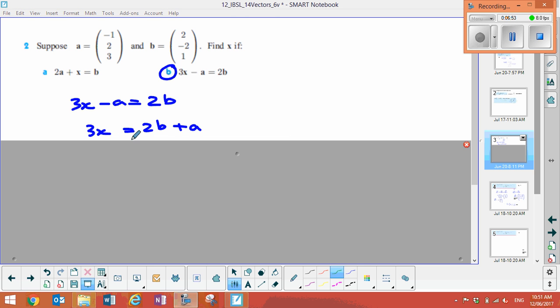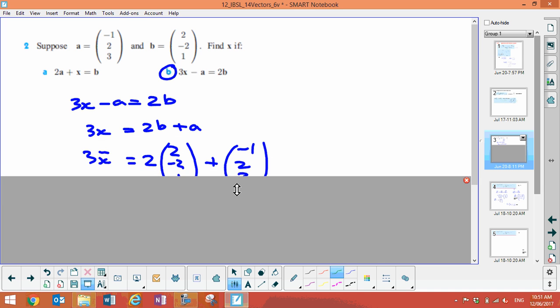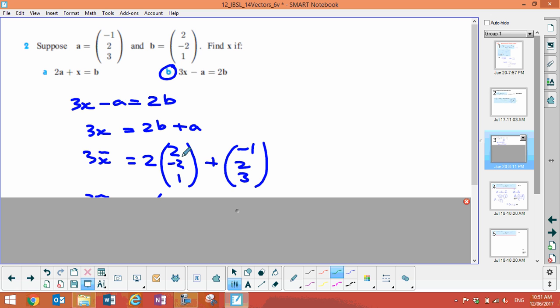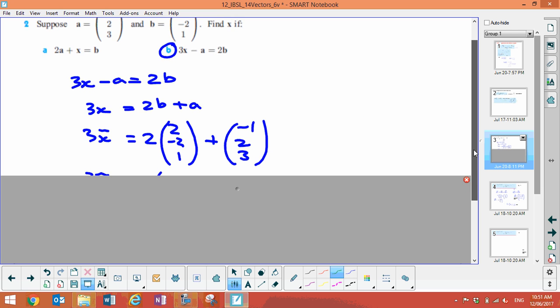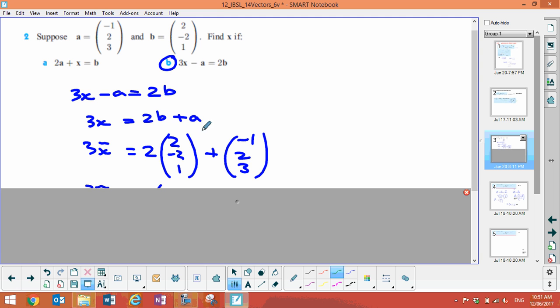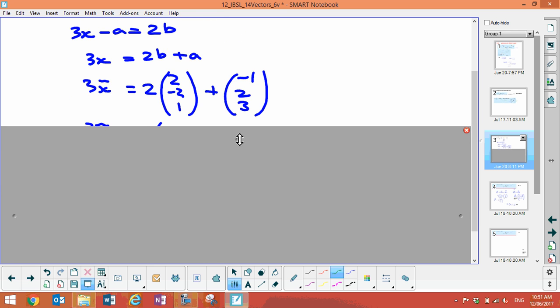All right, so hopefully you'll be able to add A to both sides. The next step we want to do is substitute at this point, or you could have made a third and put brackets around it. So substituting your two vectors, 2B, which is 2, minus 2, 1, plus minus 1, 2, 3 for vector A. Put those together.